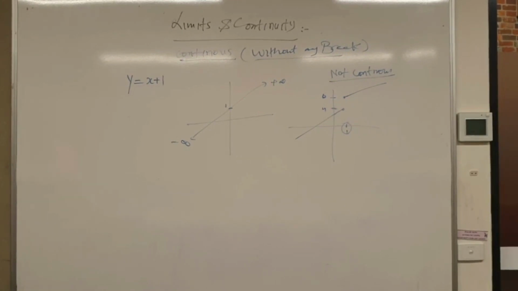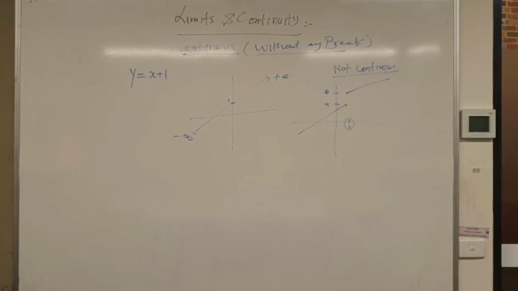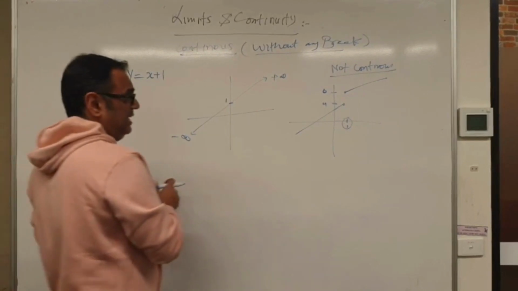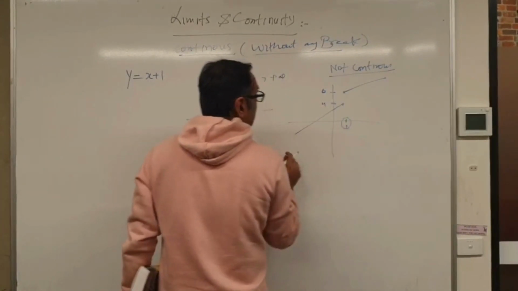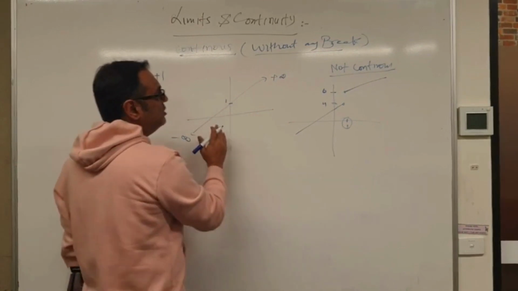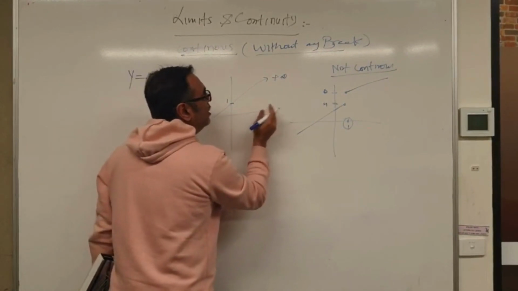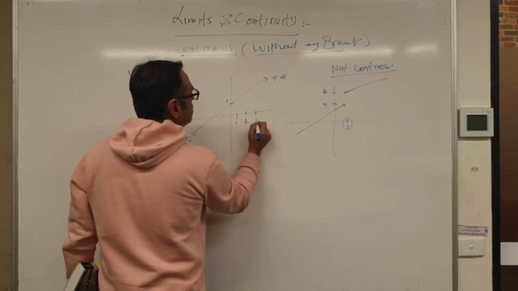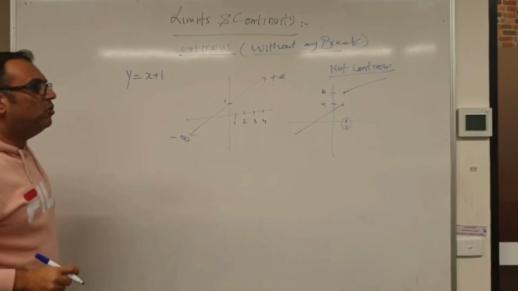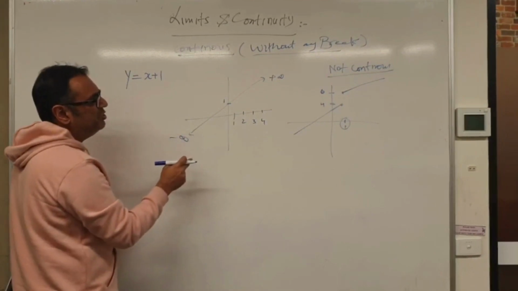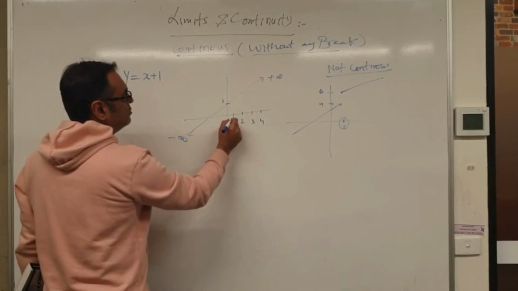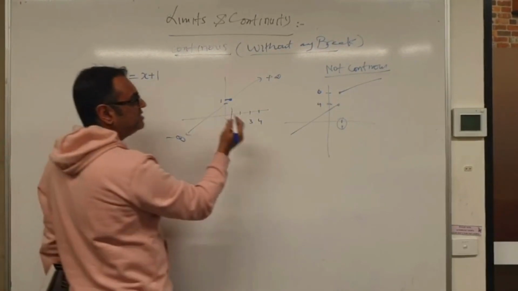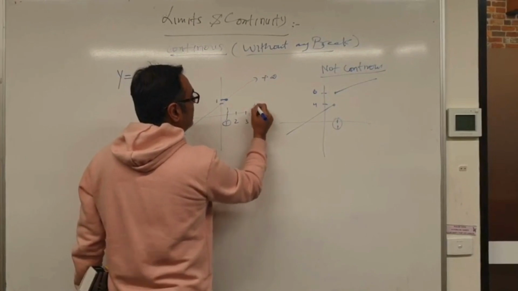So continuity at any given point means that on the graph, you can check at any point on the x-axis. So for example 1, 2, 3, 4. If I ask, is this graph continuous at 1? You can say, yeah, that's the value of y. Is this graph continuous at 4? x equals 4, yes.